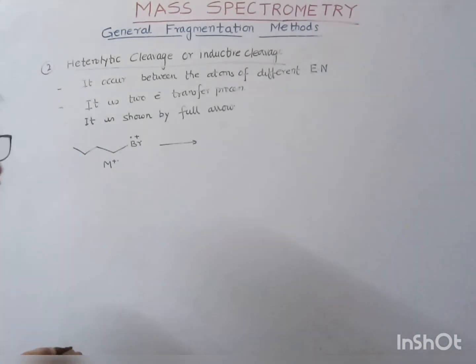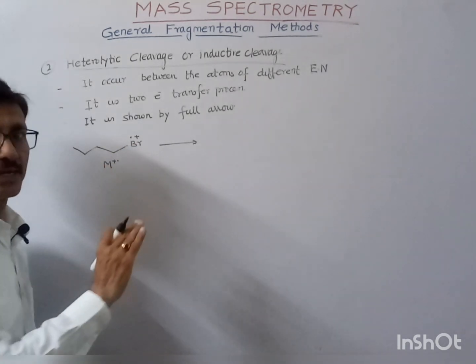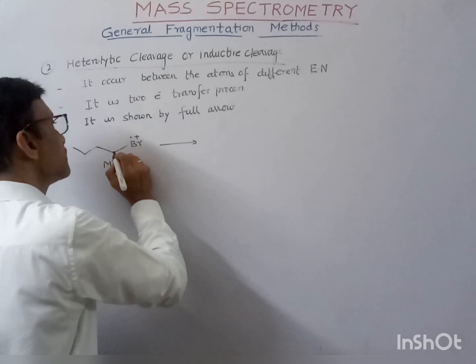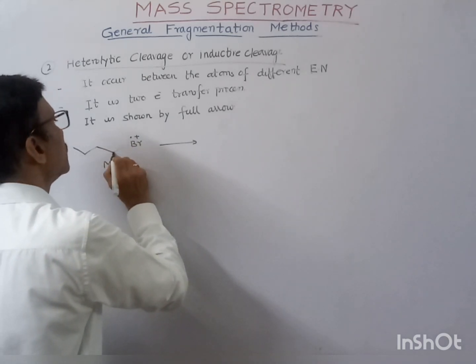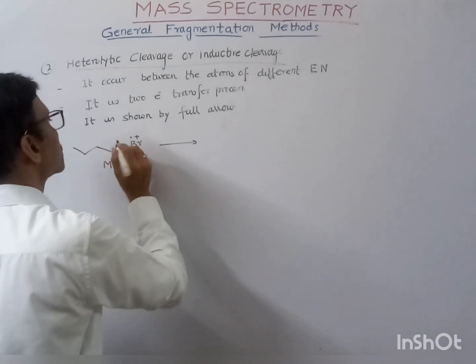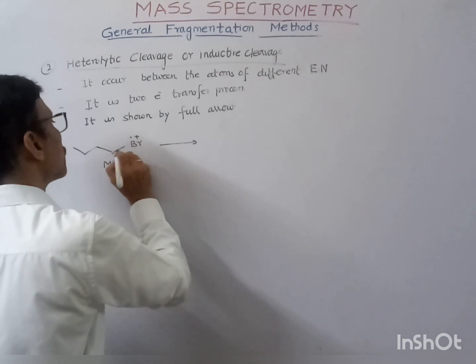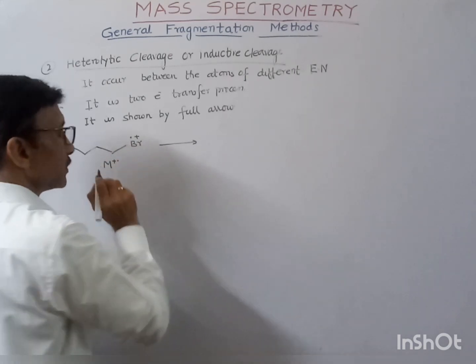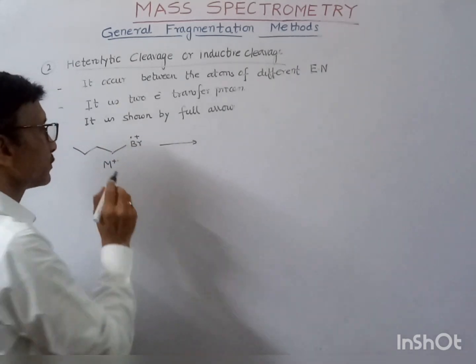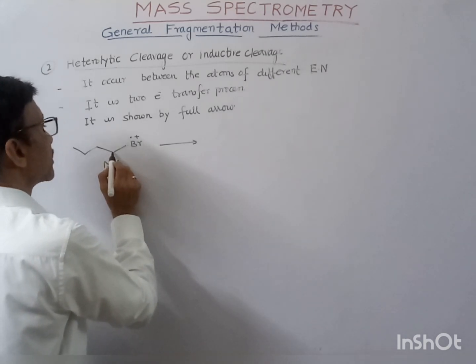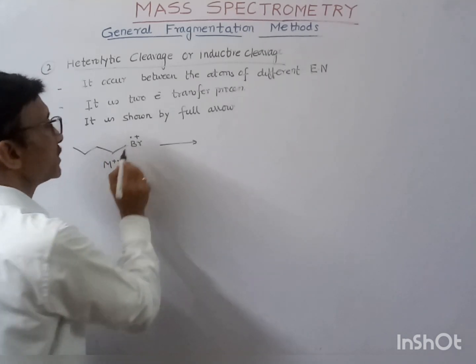So how will the inductive cleavage or this heterolytic cleavage take place? Due to the inductive effect, the bromine will pull this electron towards itself, and this bond will undergo breakage. The cleavage takes place between atoms of different electronegativity, that is this carbon and this bromine.